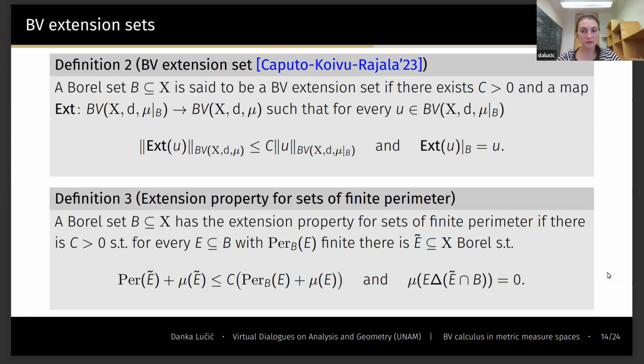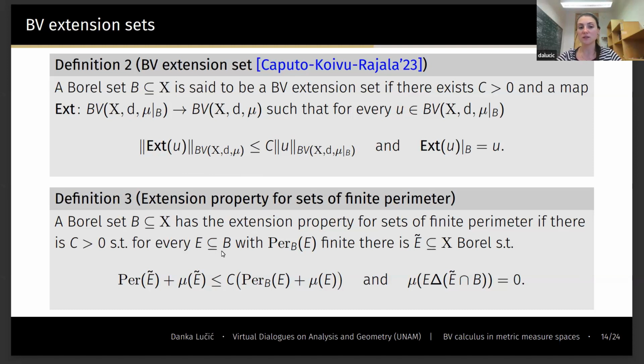And something else that we will see to be equivalent to being an extension set is the extension property for sets of finite perimeter. We say that a Borel set has the extension property for sets of finite perimeter if we are able to do the extension for characteristic functions.